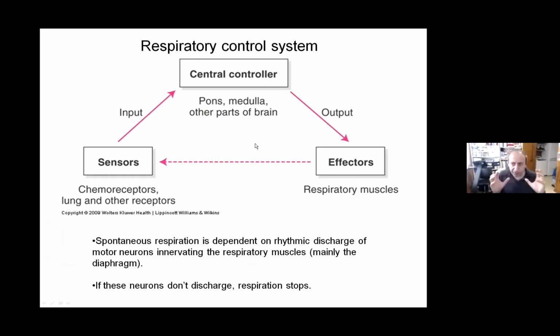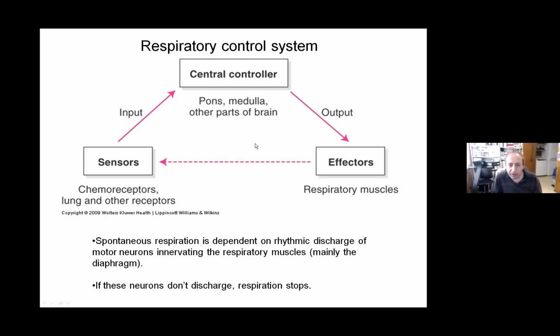So this system has sensor and effector. It receives input from, for example, the pH of the blood and the oxygenation of the blood. So it's sensed by some sensor. We're going to discuss what these are.